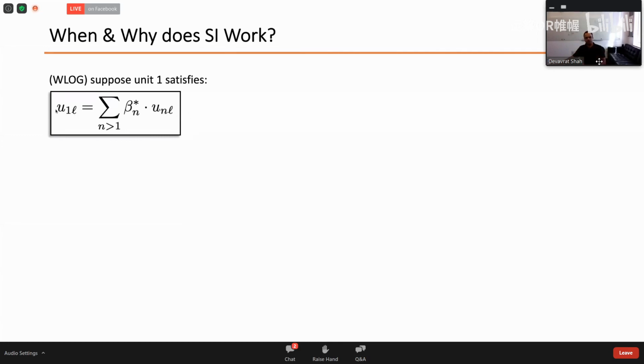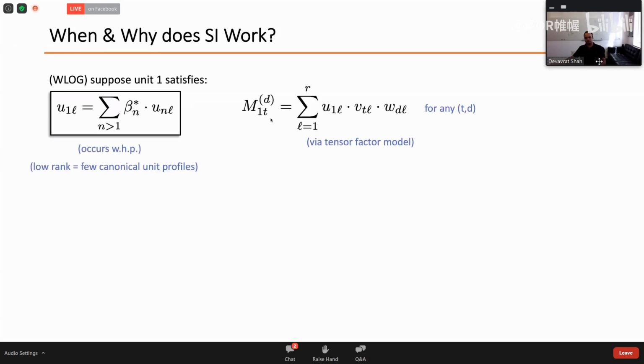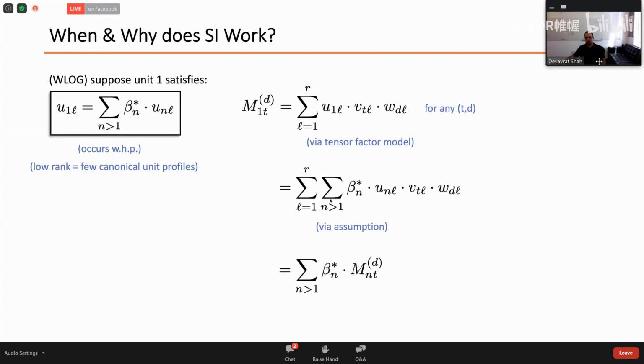Now, if we have this relationship true, then when we look at outcomes associated with row 1 at time t under intervention D, that can be written, in the standards of our model, in this form. Now, replace U with this relationship, we get this, do the change of summation, take the beta out, and then look at the rest.